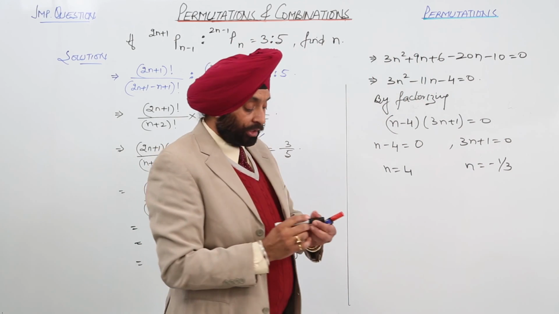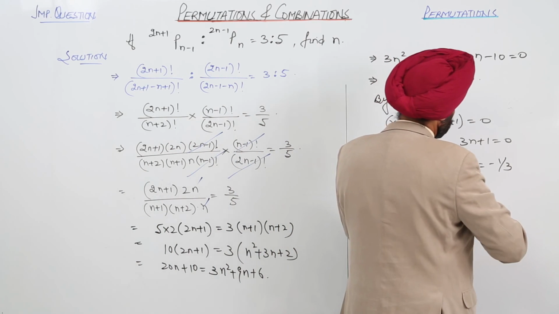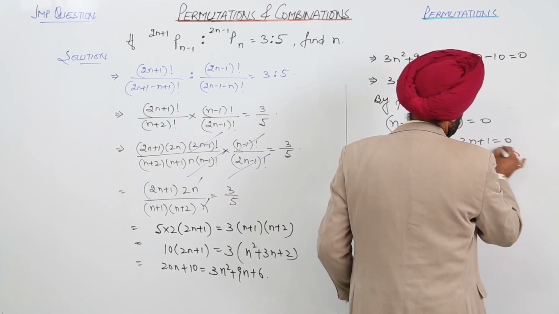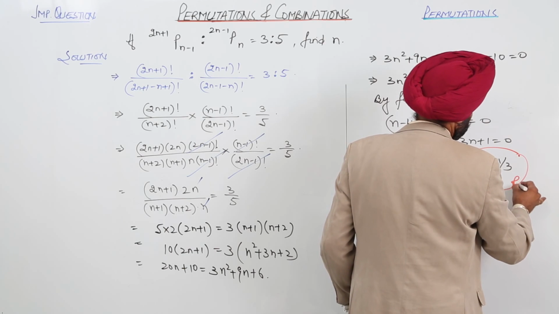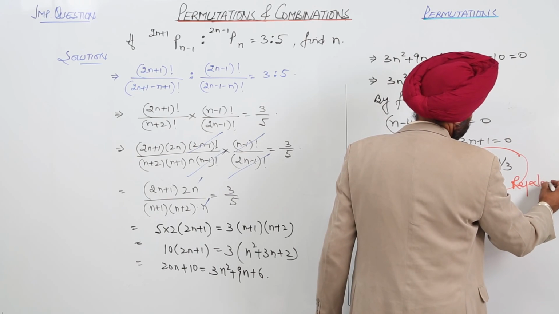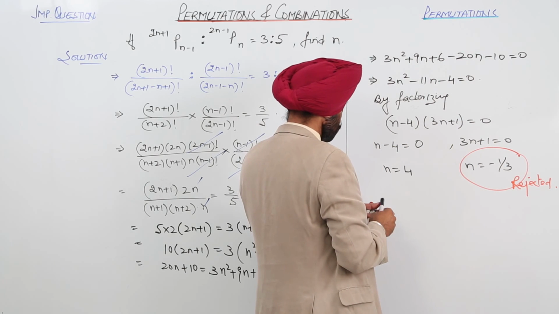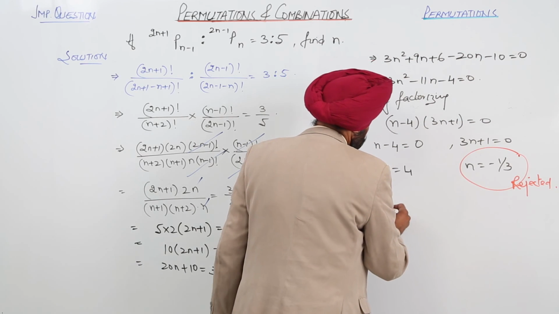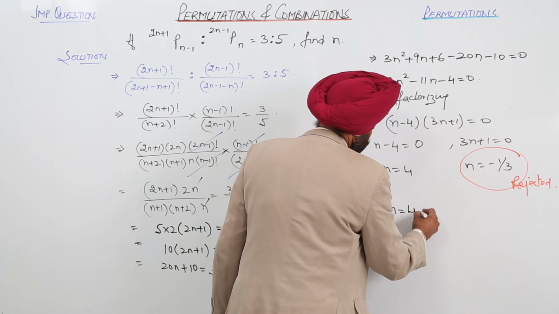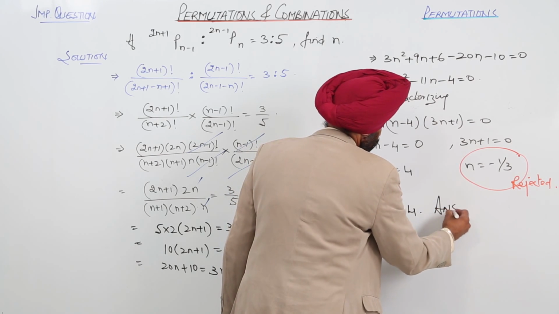So, n cannot be negative. So, this is rejected. Okay. So, n is equal to 4 is the answer.